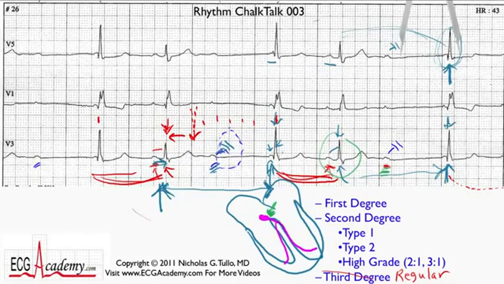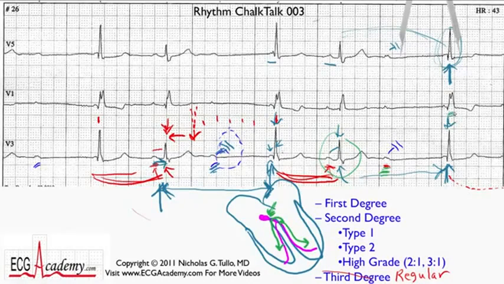But somewhere down here in the Purkinje system, there is a healthy focus that's taking over as the escape. And because the beat goes down one bundle and then has to go back up to the His and turn around to go back to the other bundle, it kind of distorts the QRS complex.